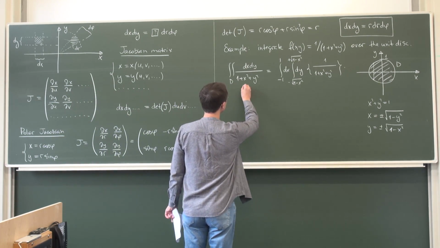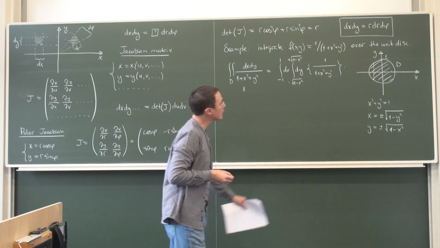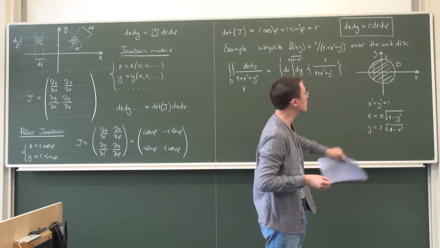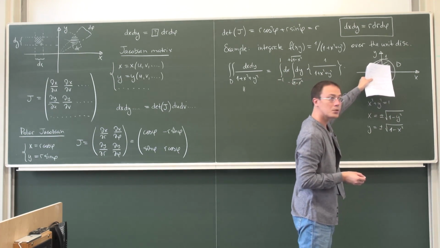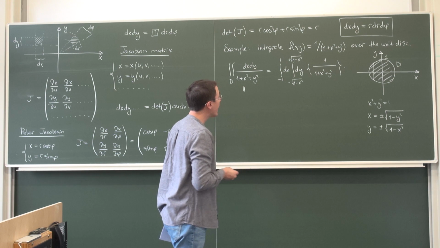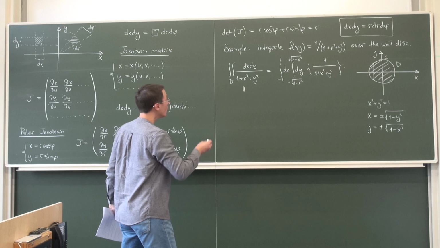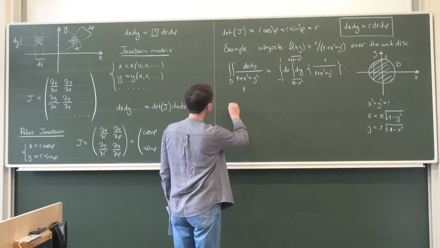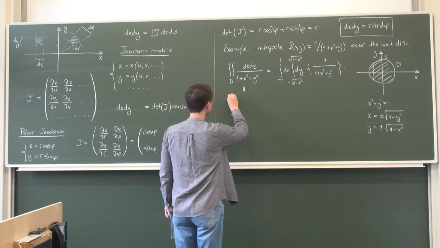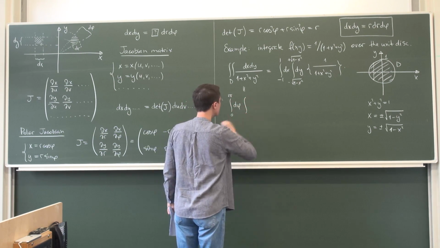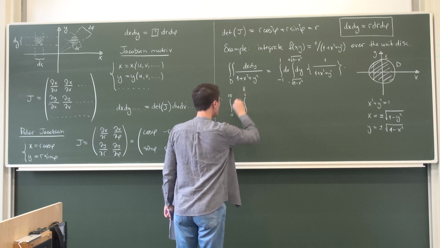So the same integral here. Well, this is a complete disk, so phi goes from 0 to 2 pi, and r goes from 0 to 1. And then let us translate that as well. Okay, so that will be then an integral from 0 to 2 pi d phi, then an integral from 0 to 1.